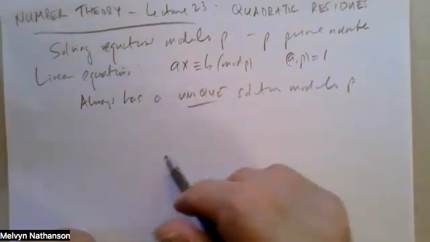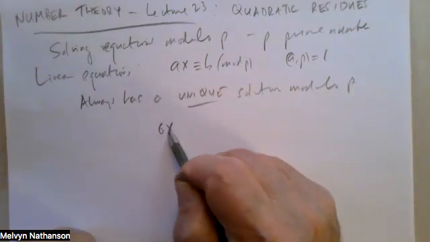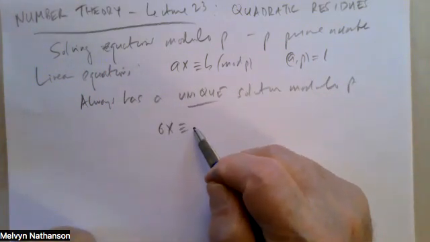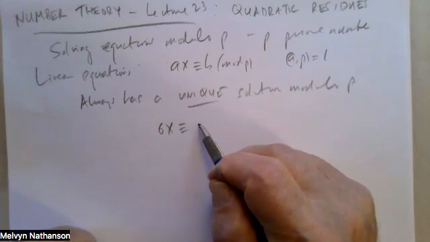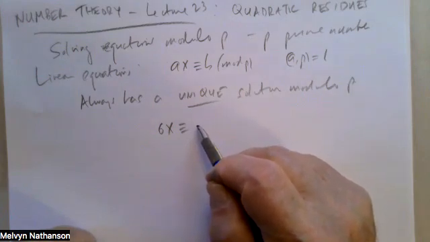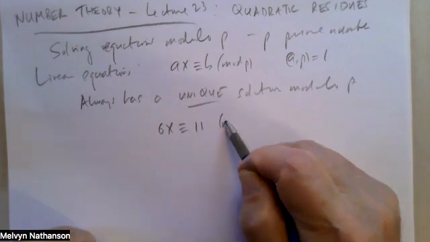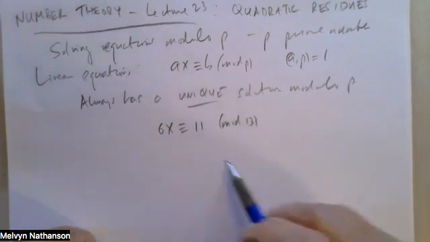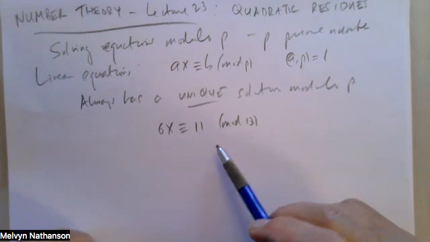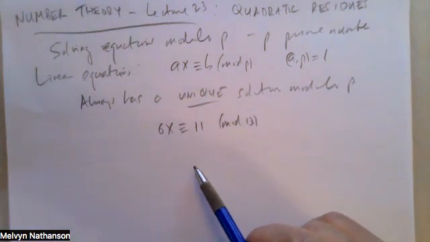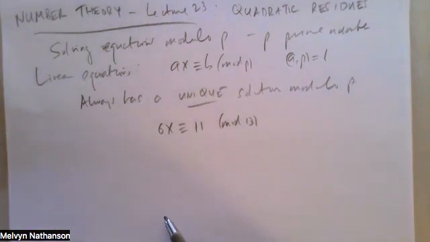So if you had, for example, 6x congruent to 11 mod 13, there has to be a unique solution modulo 13. And it's just a matter of maybe trial and error until you find it.